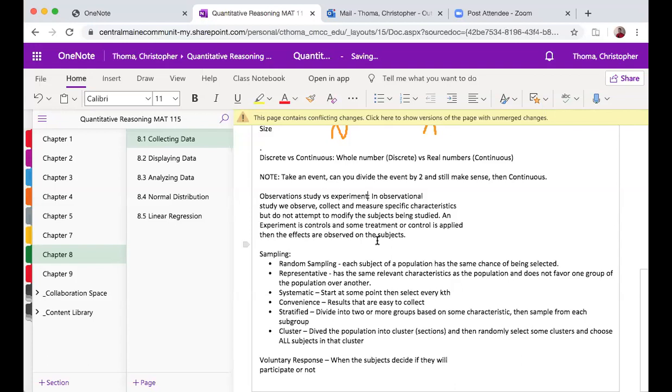Well, the problem is you're already changing the likelihood of people being selected, because you have to have a phone to be selected. So if you don't have a phone, then you don't have a chance of even being contacted, right? So therefore, not everybody in the population has the same chance. So it is not random. That's why a lot of times people do mail, in person, and phones for the census to try to get to everybody. But it is very, very challenging.